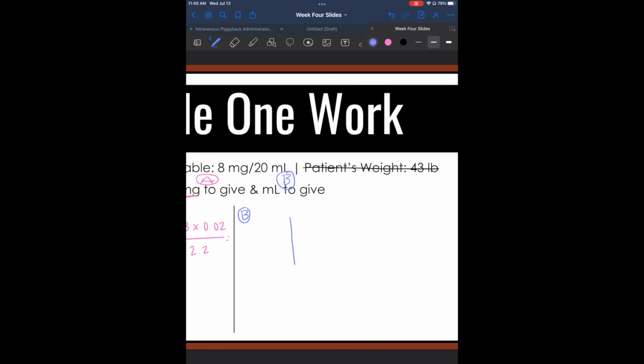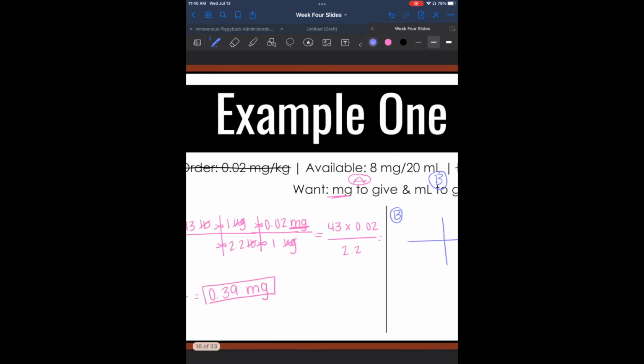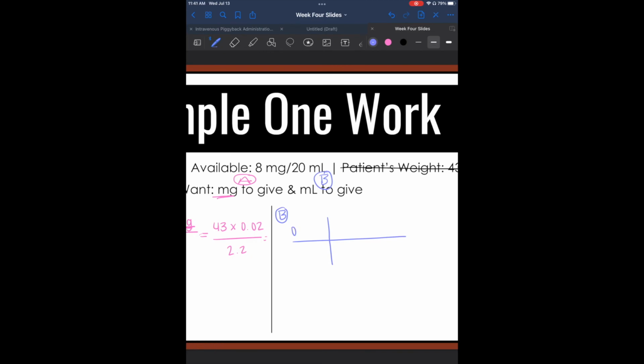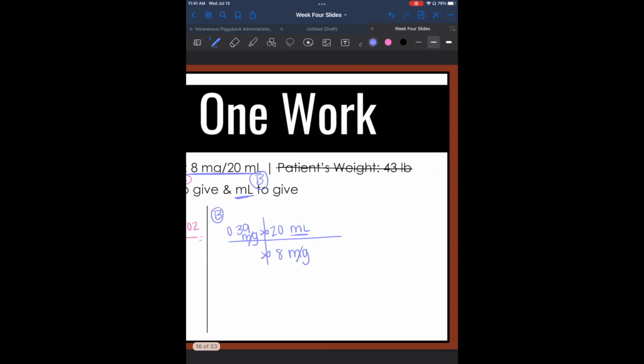So B is asking us how many milliliters we want to give. So we have our 0.39 milligrams here. And we have 8 milligrams per 20 milliliters available. So set that up. Milligrams are going to cross out. We're left with milliliters, which is what we need. So we can multiply across the top and the bottom.